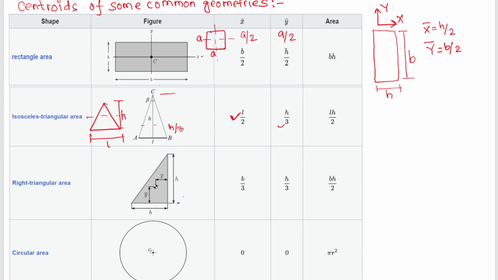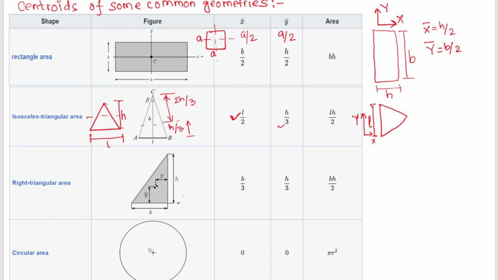If the entire height is h and the distance from the bottom is h by 3, then the same point from the top face will be h minus h by 3, which is 2h by 3. But if the same geometry, this isosceles triangle or equilateral triangle, is placed like this in your figure, now remember this is my x direction, this is my y direction, and since I have flipped it, I'm going to keep the dimensions same.